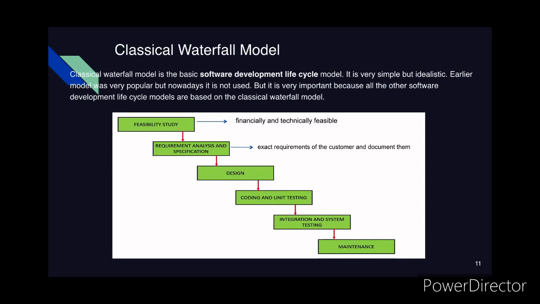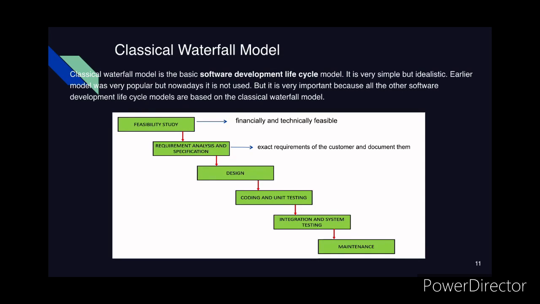But with the help of the SRS, we can see what the customer had previously given as a requirement. So any future dispute which can occur can be settled through these documents.